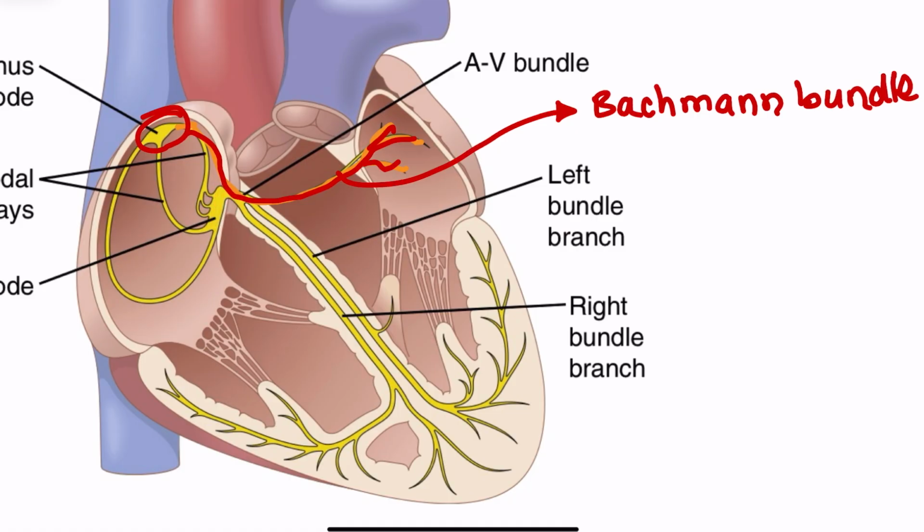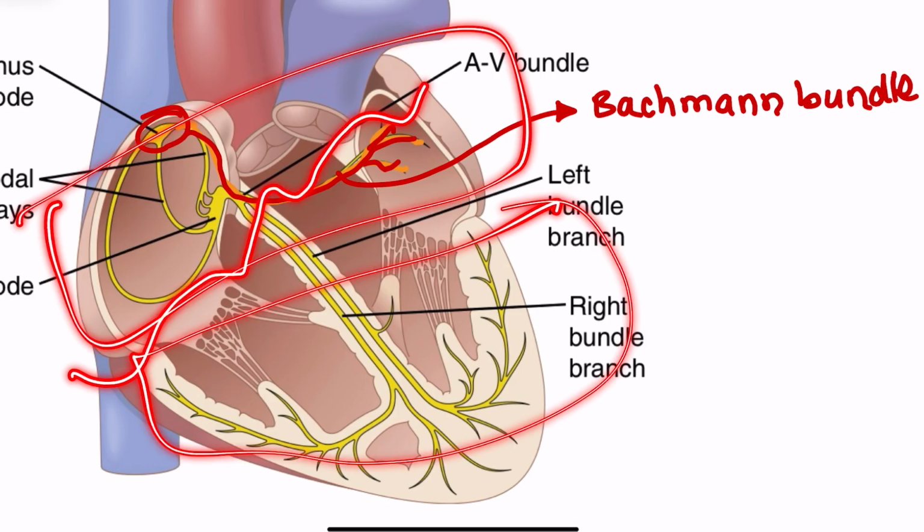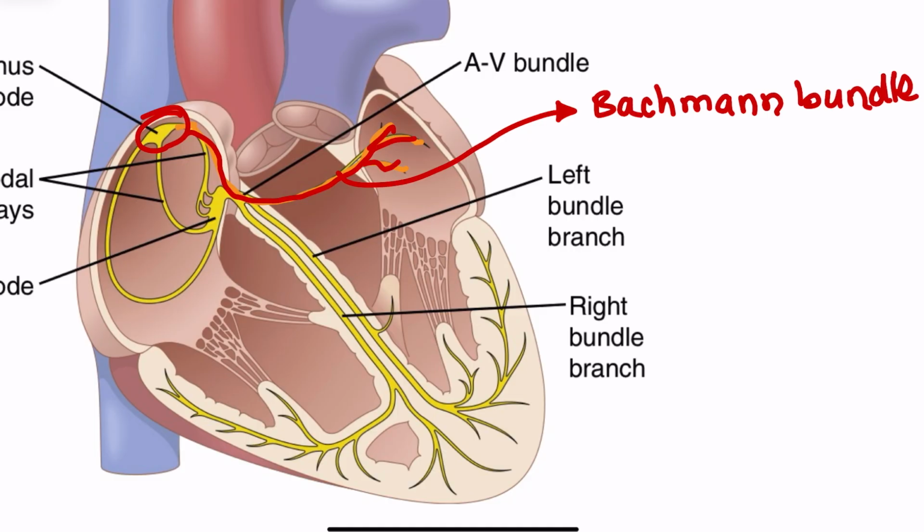The impulse can travel only through the AV node from the atrium to the ventricles, because in between the atrium and the ventricles lies fibrous tissue, atrioventricular fibrous tissue, and this prohibits the conduction of the impulse from the atrium to the ventricles. This AV node is actually penetrating this fibrous tissue, so it can conduct the impulse.